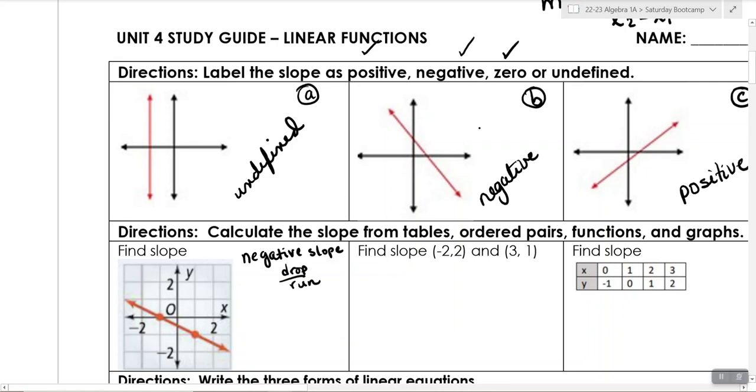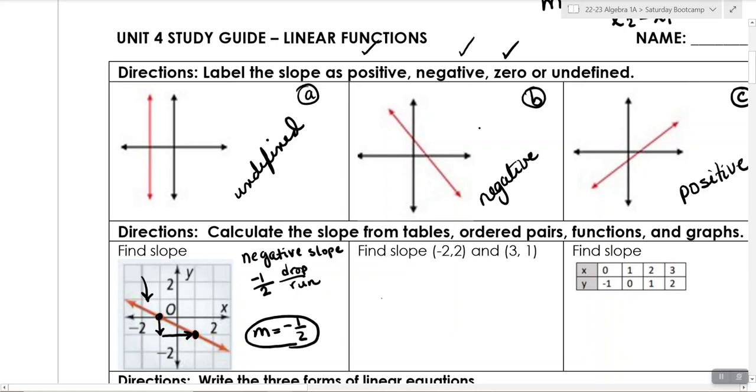So pick 2 points. So we're going to go ahead and pick this one and this one. This will be your starting point because it's the leftmost point. And the drop here is 1 unit, right? So the drop is -1, and the run is 2 units. So the slope here is -1/2.